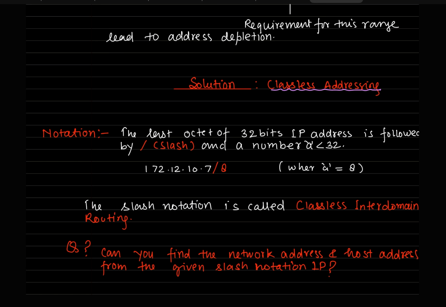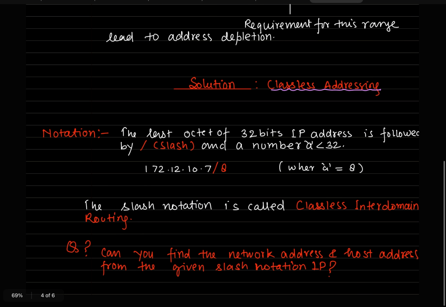For example, this is the first octet followed by a dot, then the second octet followed by a dot, the third octet followed by a dot, the fourth octet, then a slash, followed by a number. You can see A is equal to 8.